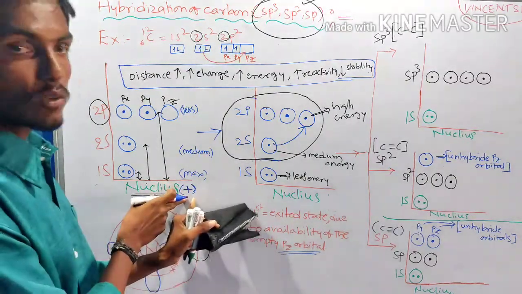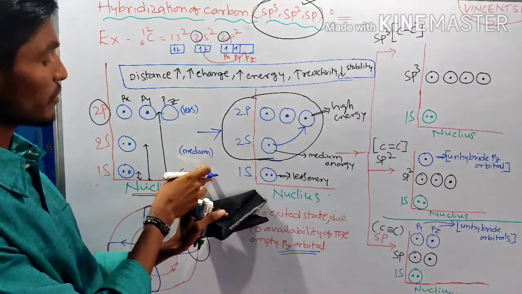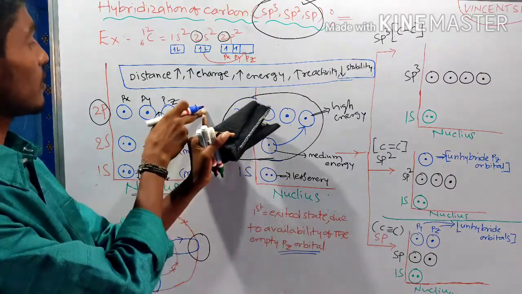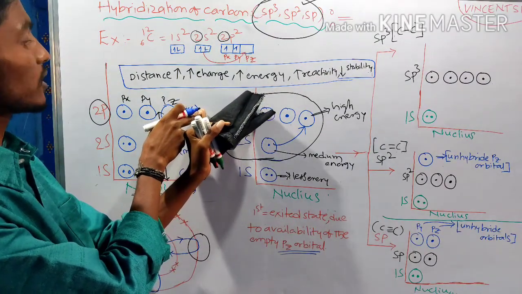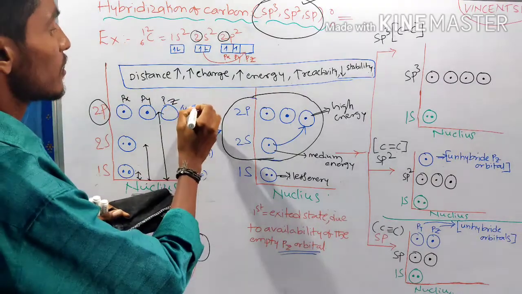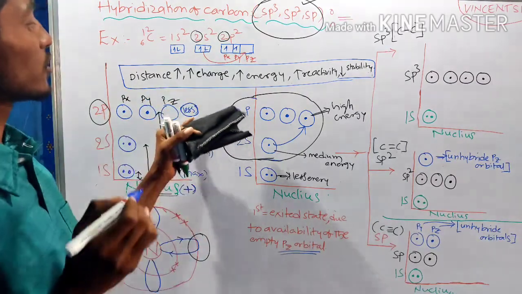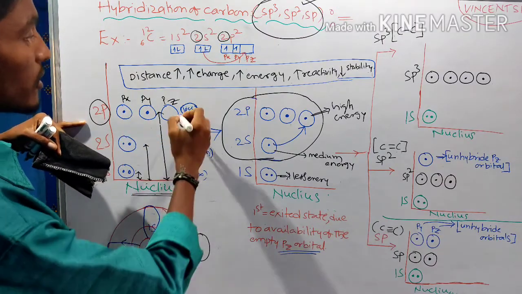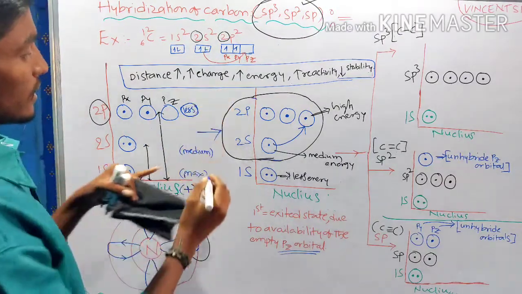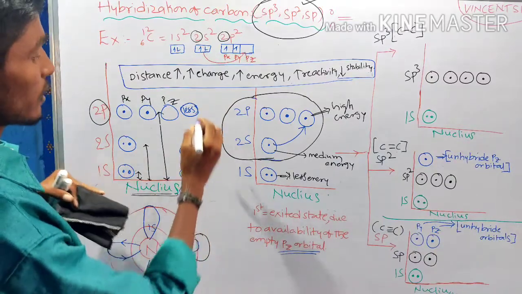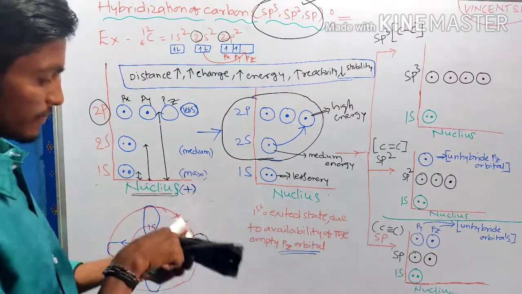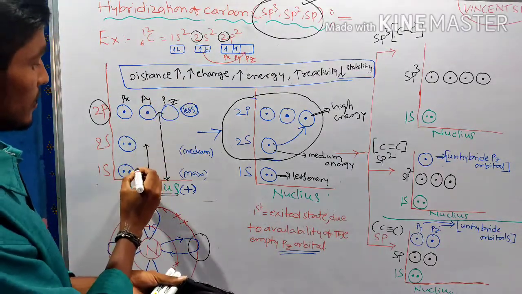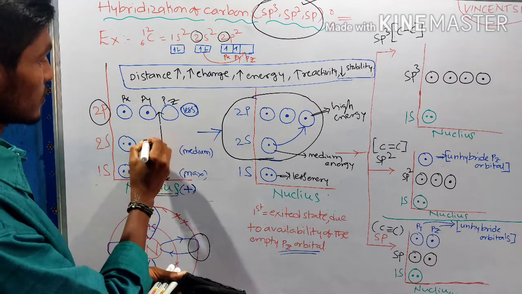The protons of the nucleus will neutralize the 1s electrons maximally, then the 2s electrons medium, and the 2p electrons less, because they are far away from the nucleus. Due to this, the charge also increases. As the distance increases, the charge also increases.